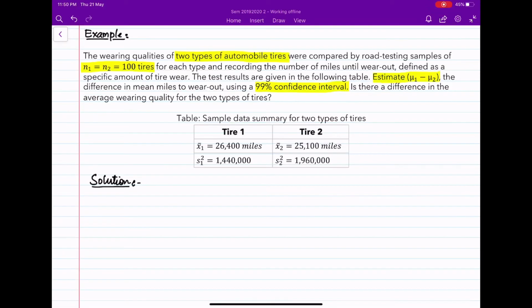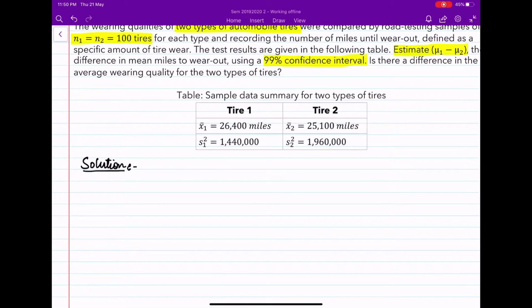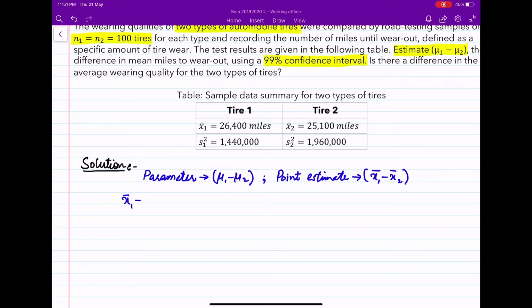x1 bar is the sample mean of population 1, and x2 bar is the sample mean of population 2. So the parameter we are studying here is mu1 minus mu2, the difference of population means, and the point estimator is x1 bar minus x2 bar. So this is the difference of the sample means.